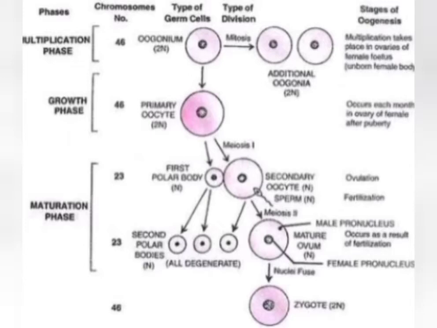After that, the maturation phase takes place, in which the primary oocyte undergoes the first meiotic division and forms the secondary oocyte and first polar body. Then the second meiosis takes place in the secondary oocyte, which results in the formation of the functional egg and a second polar body.